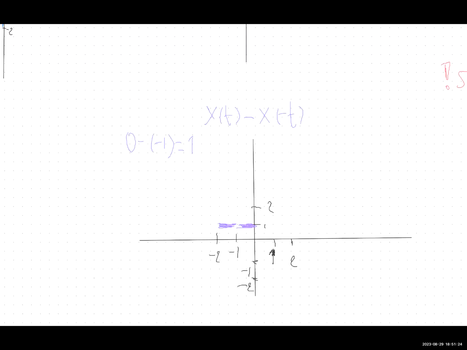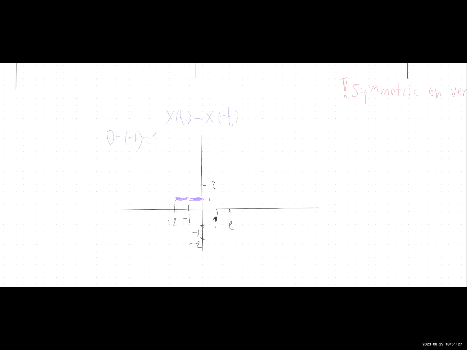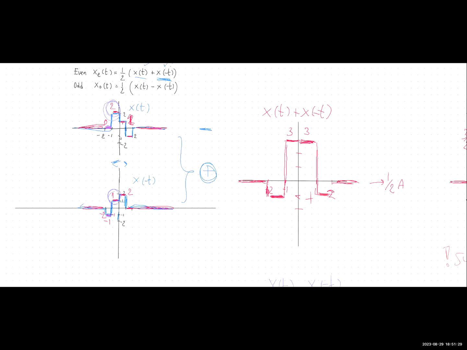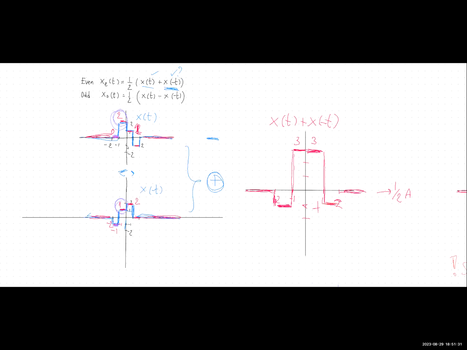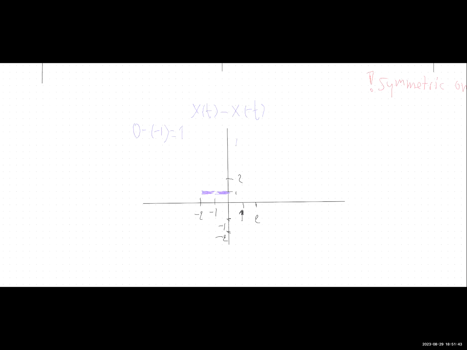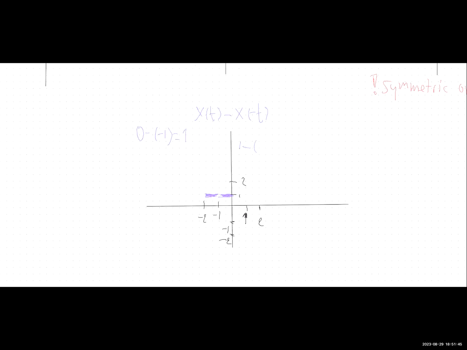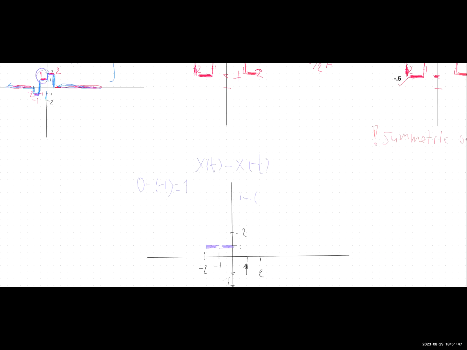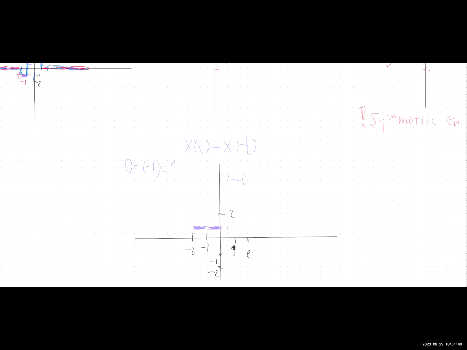Okay, I'm gonna do this part then. So, the next part we have x(t) at 1, and x(-t) at 2. So we're gonna start by subtracting 1 by 2, and that's gonna give us -1.